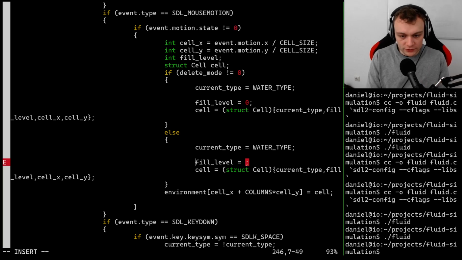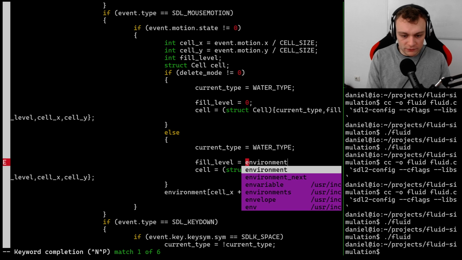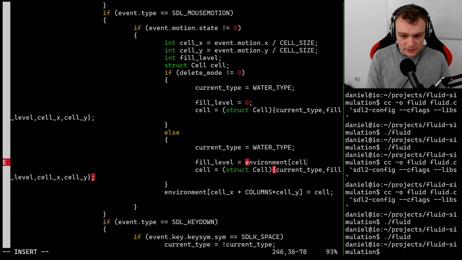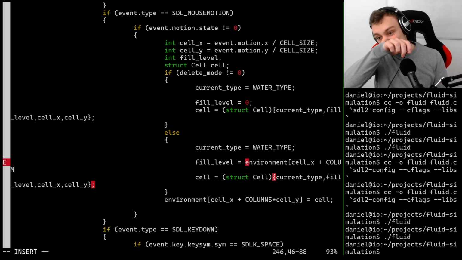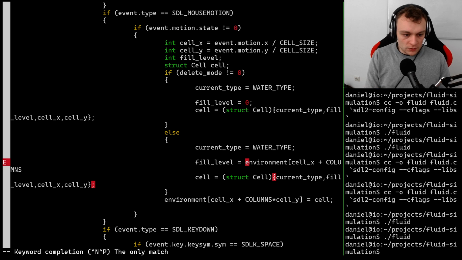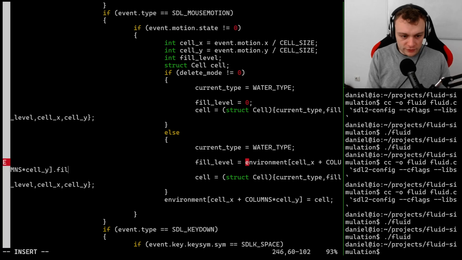The new fill level of that cell should be the original cell's fill level. So let's get the original cell's fill level. Environment, add cell X plus columns multiplied by cell Y dot fill level. Oh no, we can just increment the fill level here without creating a new cell.